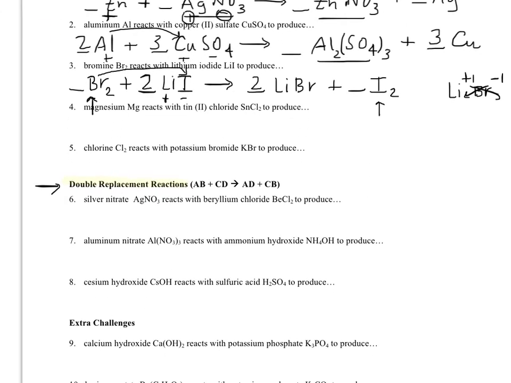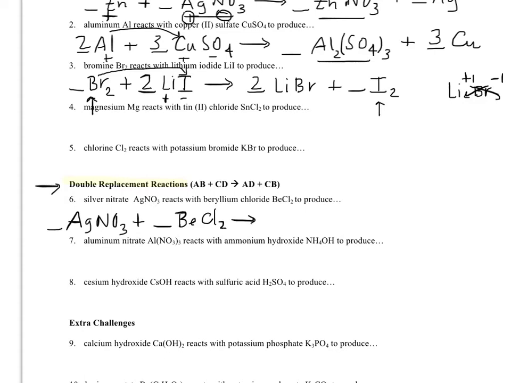Double replacements. These are actually, in my opinion, a little bit easier because you don't have to worry about if the thing that's doing the replacing is positive or negative, and you'll see why. So let's look at number 6. Here we've got silver nitrate reacting with, oops, I'm going to leave a little space to go back and balance, reacting with beryllium chloride, right?